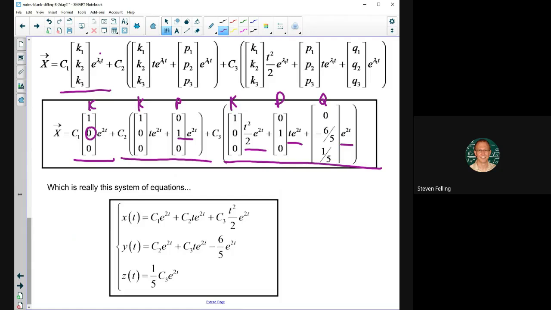So it's going to be C2 times e^(2t), and then C3 times (t e^(2t) minus 6/5 e^(2t)). And then the last row, there's nothing here, that's a 0. It's just C3, so z is 1/5 C3 e^(2t). So this is the corresponding system of differential equations. That's the solution to the original system.